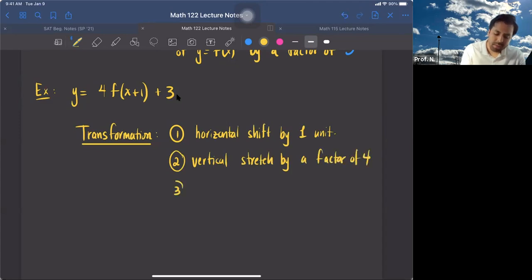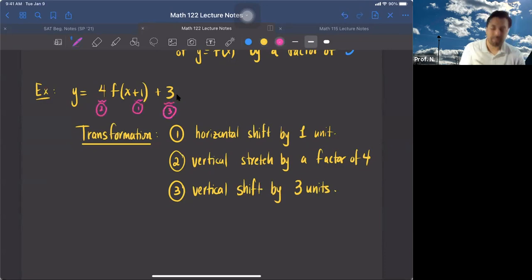And then number 3, we have a vertical shift by 3 units. So this is step 1, then we can call this step 2, and this is step 3. You see that? I'm able to break it down by the commands, and with those commands, I'm able to determine the effect or the transformation, and then I can delineate exactly what's what.